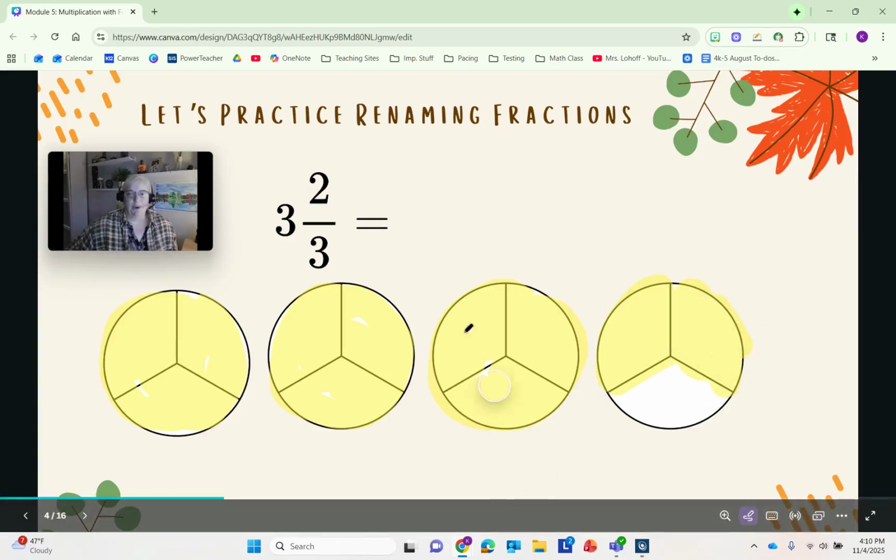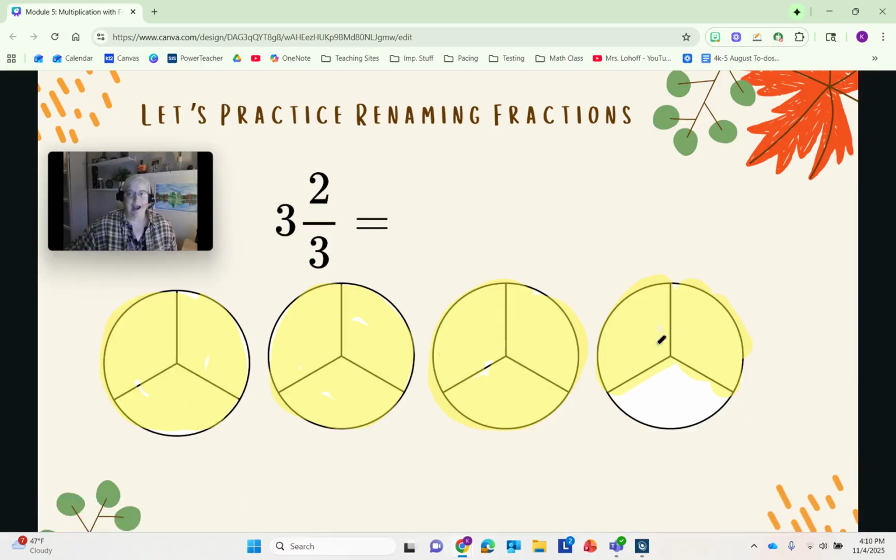All right, so if we were to rename this, we would take the first whole section prior to the fraction part, and we would turn this into more fractions. So 1/3, 2/3, 3/3. This whole can be renamed as 3/3, and then we have two more here.